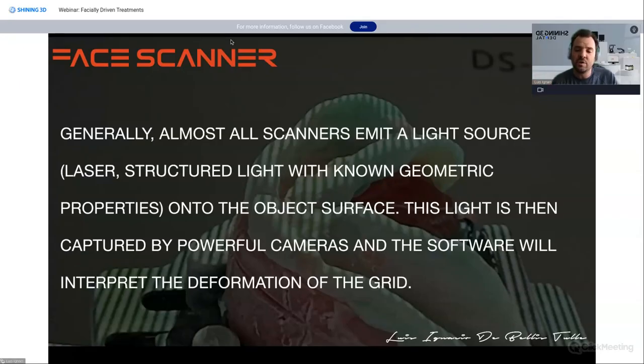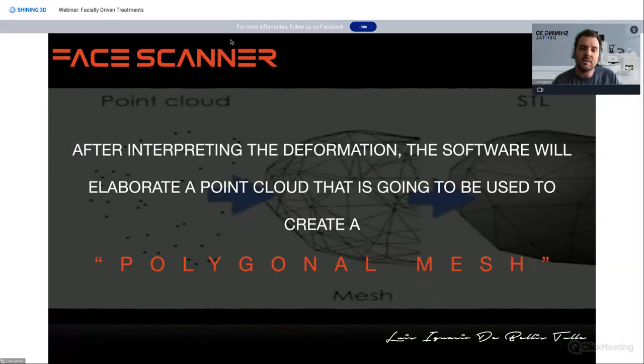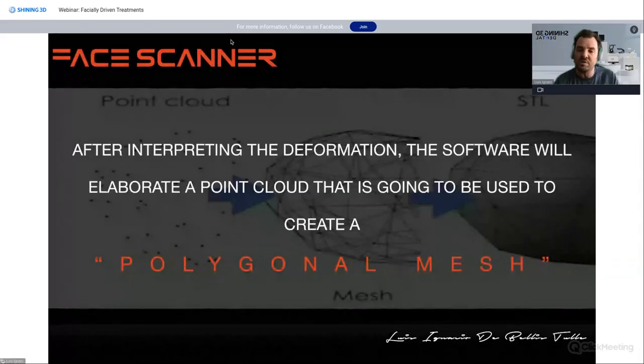Our software is going to see that deformation and start processing our data. While it's interpreting that data, it's going to build a polygonal mesh. But that polygonal mesh is built, as it says here in this slide, from a cloud. It starts by building a dot cloud first, and then those points are unified, building our polygonal mesh. That is what we will see as final users, and that's the rendering of our object.